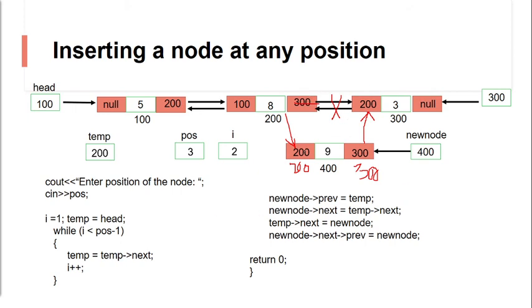Now for the next of the 200, let's see, it will leave it blank. As I said a while ago, this will become 400. Now this one will also change, since this one is connected with this one, so this will also turn into 400.